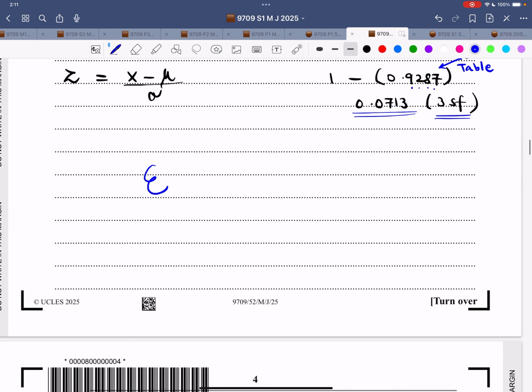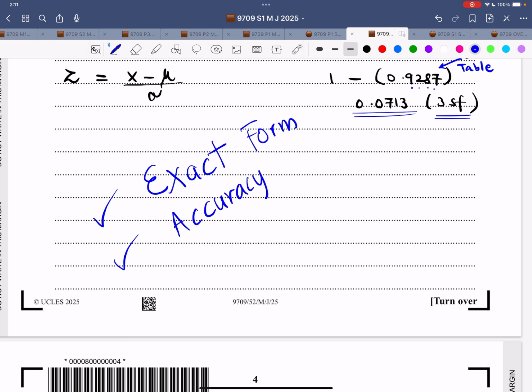Now the first piece of advice is to take care of exact form where necessary. Take care of accuracy where necessary. We are solving an S1 paper, so the rule is to work in 4 SF, and the final answer should be in 3 SF. That is the rule that you have to follow.